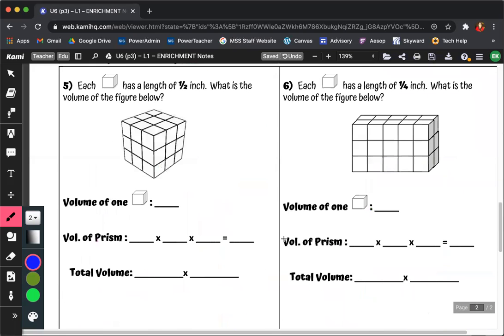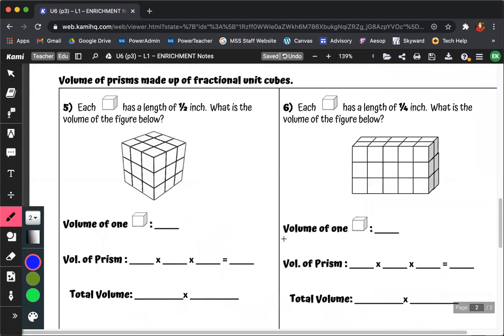All right, the other type of problem that we're going to look at is when you have volume of prisms made up of fractional unit cubes. So each cube has a length of 1/2 inch. What is the volume of the figure below? So first off, we need to figure out what the volume of one of those cubes is, which we're still doing in length times width times height.